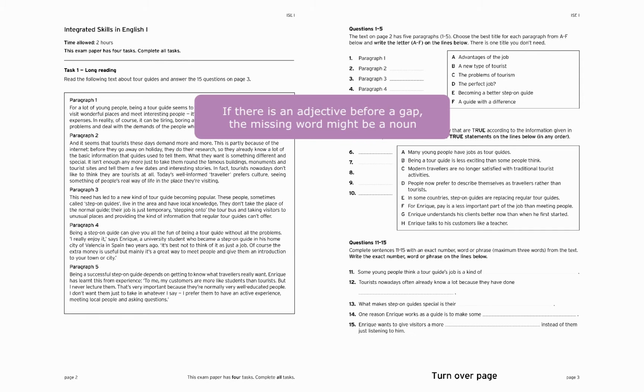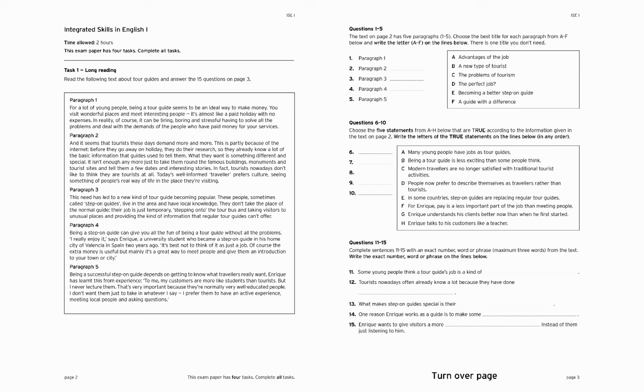If it is a noun, a person, place or thing, there might be an adjective just before it, or a word that is changing the meaning of the noun. This kind of word gives more information.